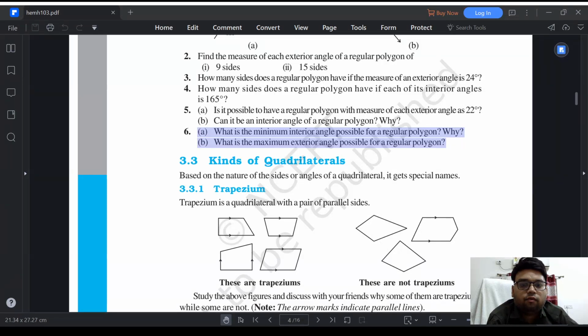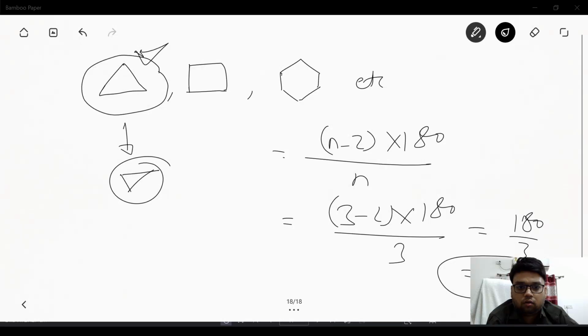Now how you will frame the answer? Yes, look at here. This is the minimum value for interior angle, three sides.